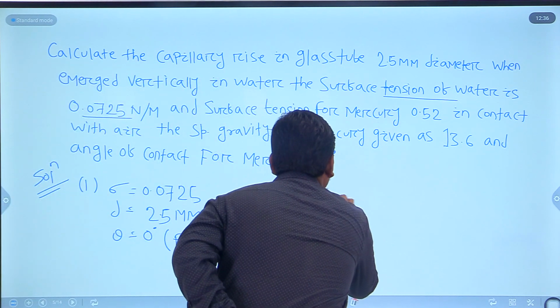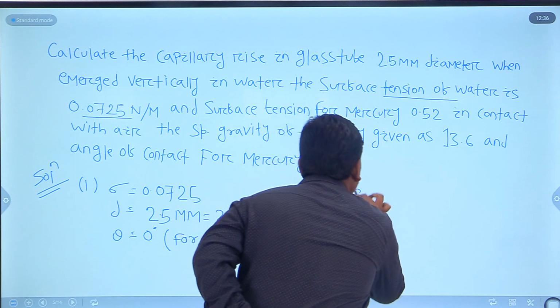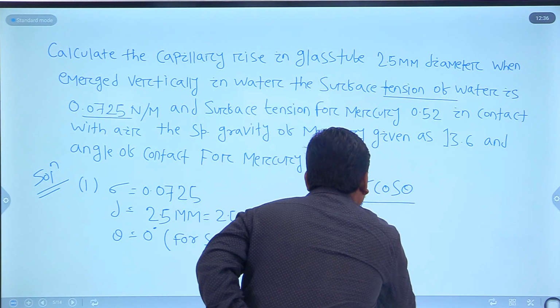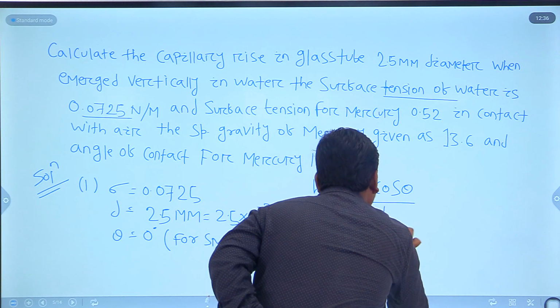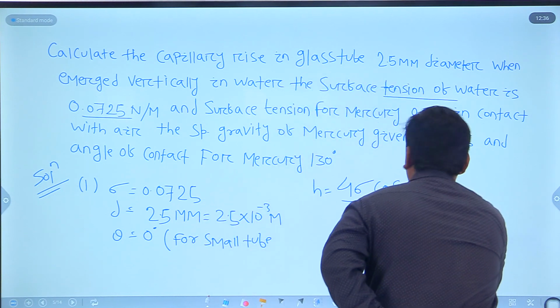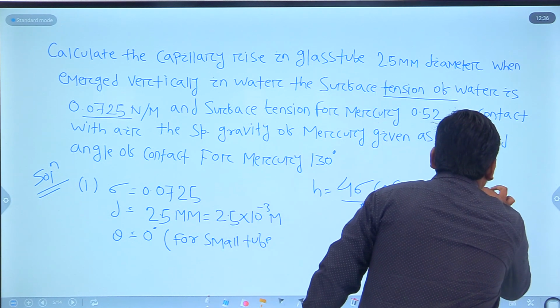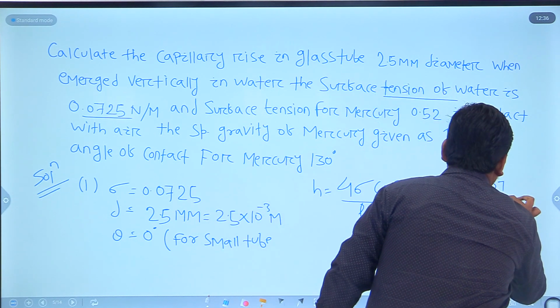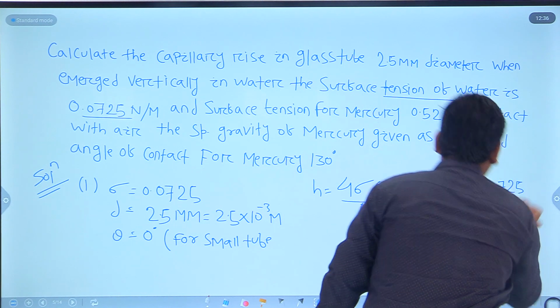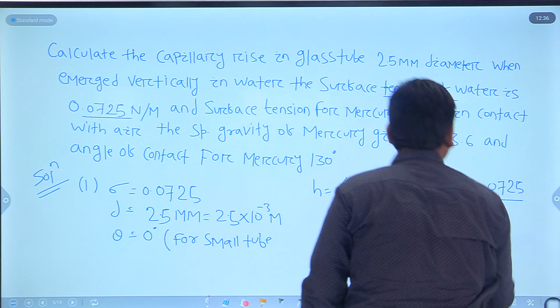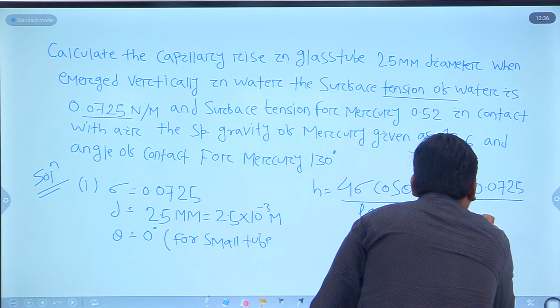H is equal to what? Your 4 sigma cos theta divided by rho G D. 4 into sigma 0.0725, divided by G, your acceleration due to gravity, 9.81.